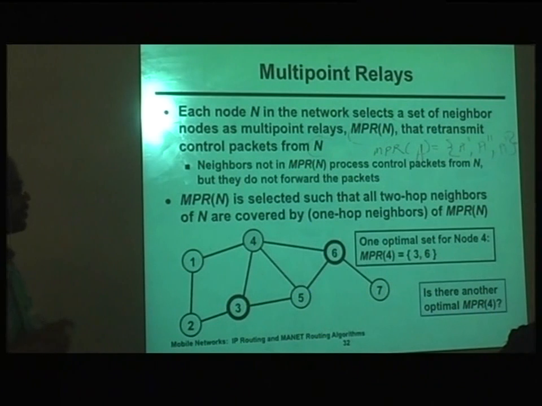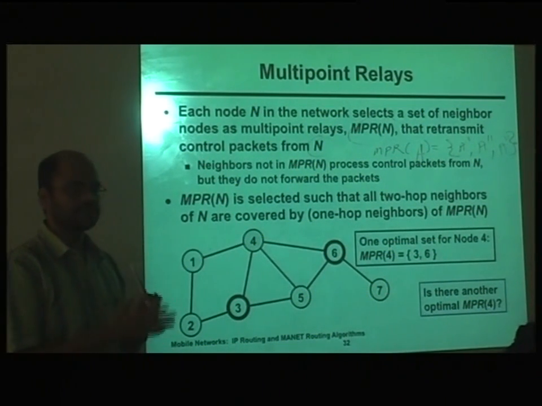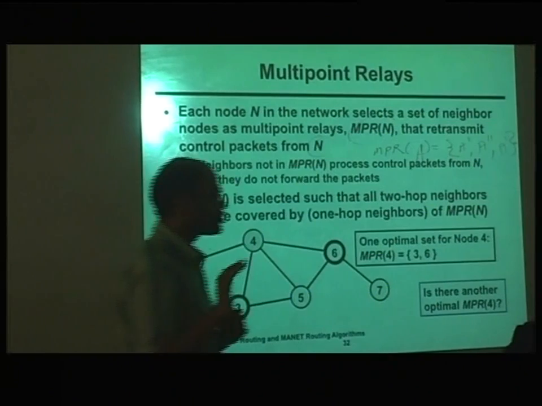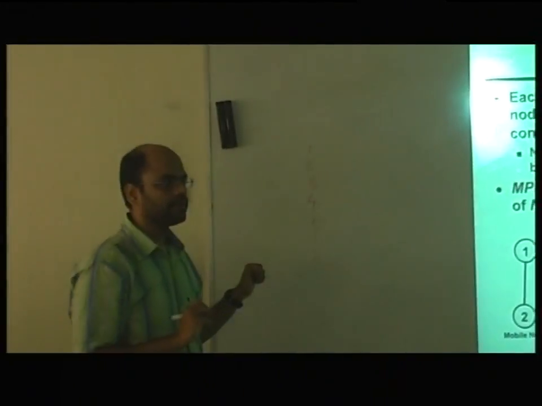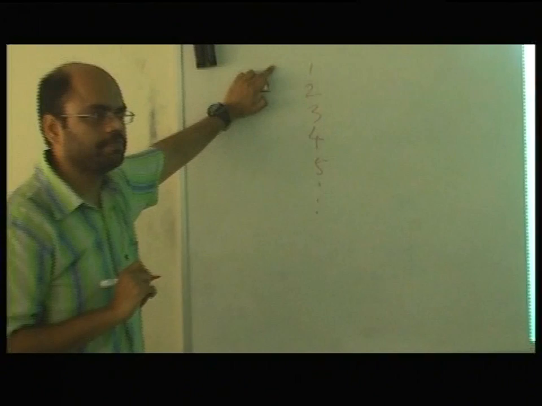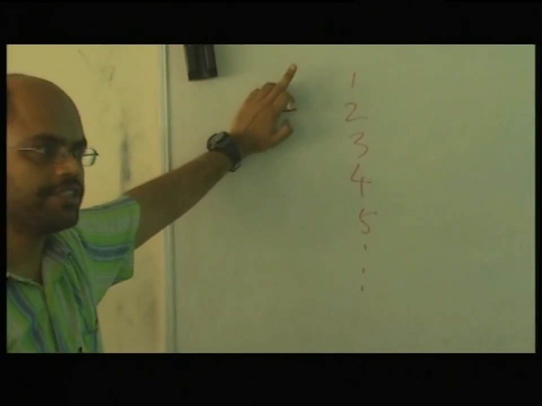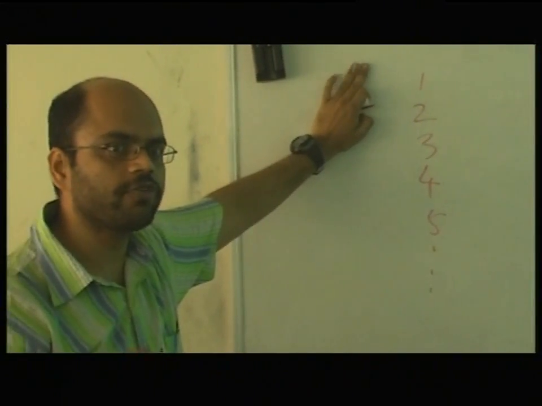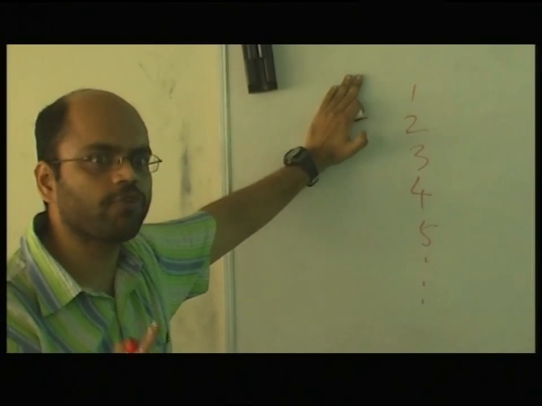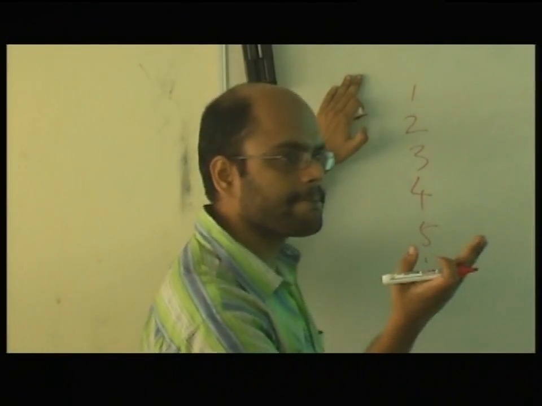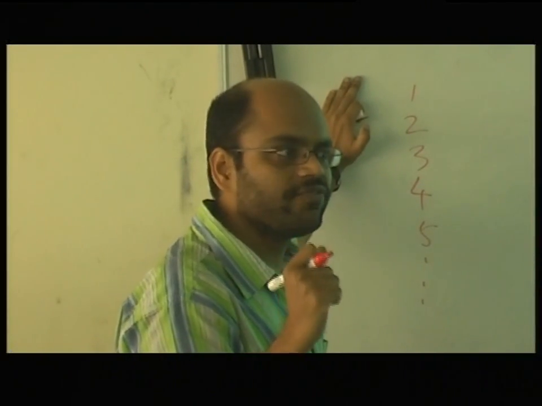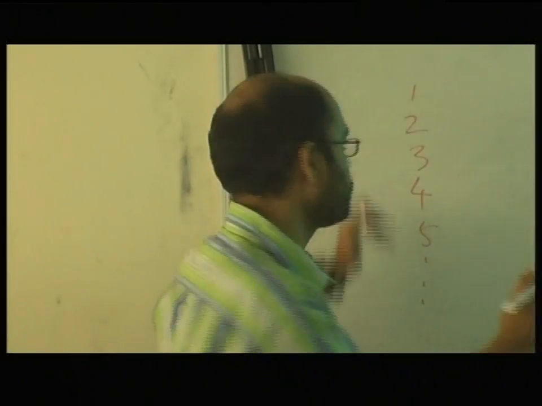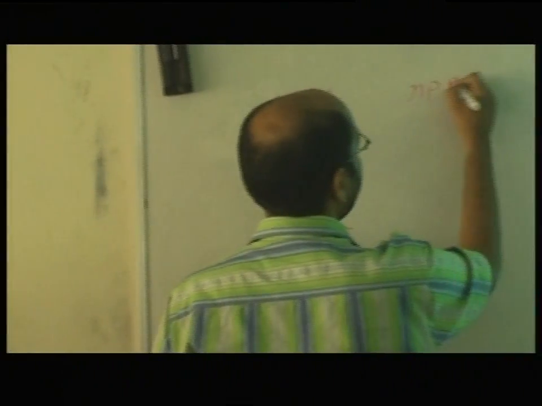Right, but you are going into something more, about which are common and which are not. Before going there, let's say these are my nodes. I just number them 1, 2, 3, 4, 5, 6. Which set of nodes will send, that is, retransmit, control information for 1? MPR of 1.